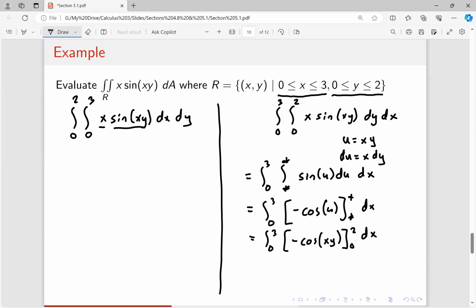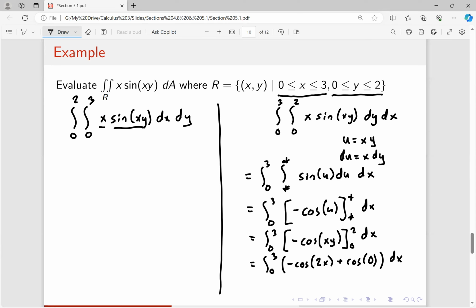So then we're plugging in 0 and 2 for y. This is the integral from 0 to 3 of negative cosine 2x, then minus, and a minus and a negative becomes plus, cosine of 0 dx.